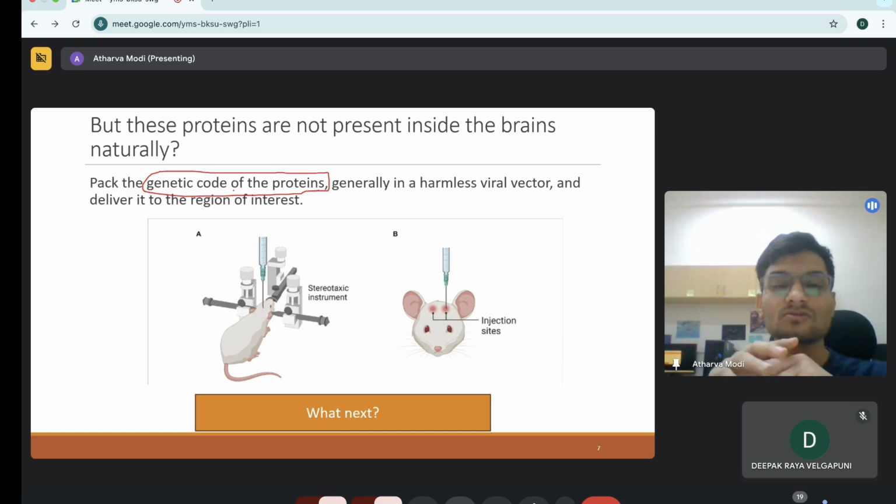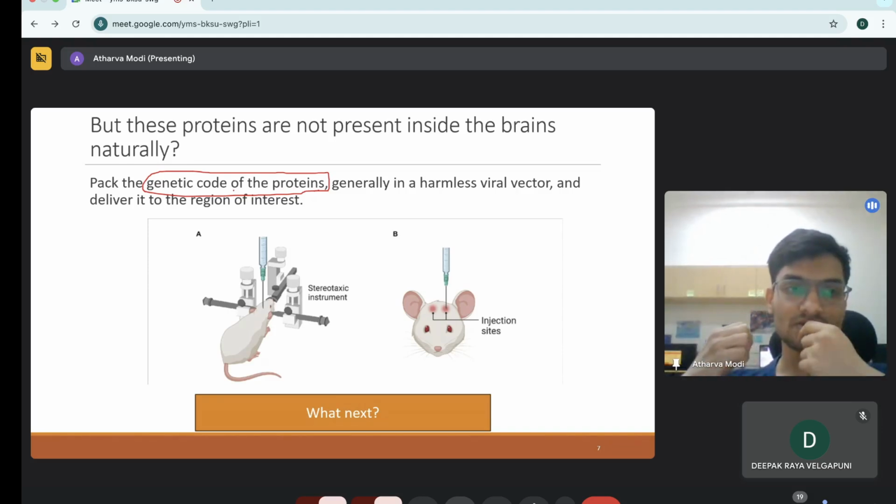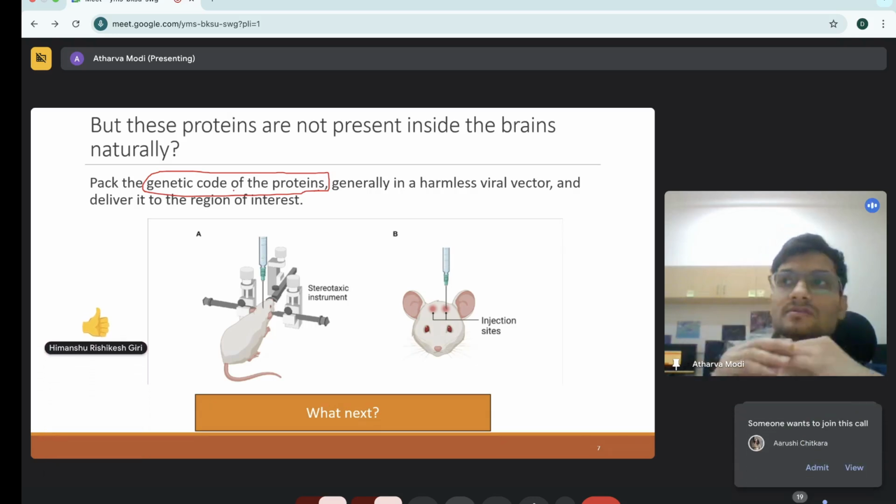They sit in the cell. The virus has the property of infecting the cell. Basically, it enters the cell, and this genetic code gets into the cell, and now it starts expressing. Once it starts expressing, the protein starts producing. It basically replenishes itself. That's how it works.